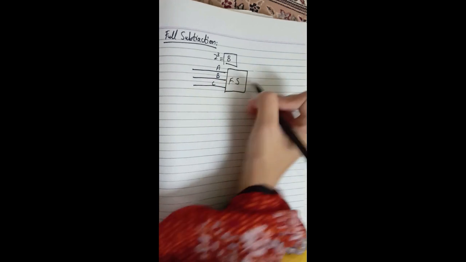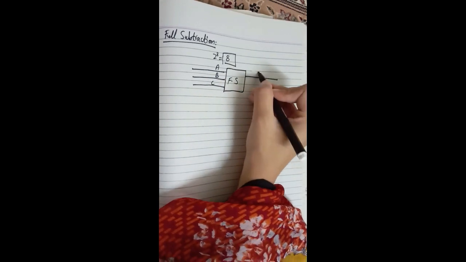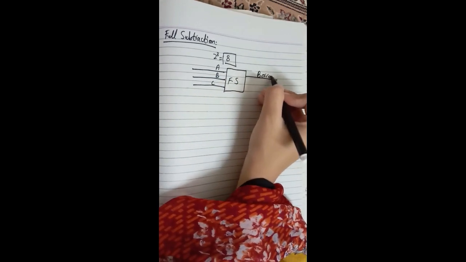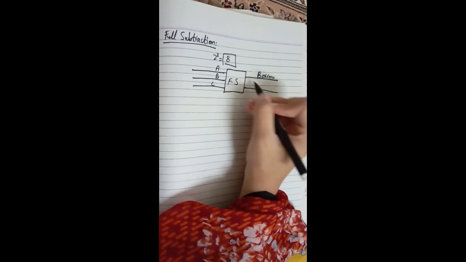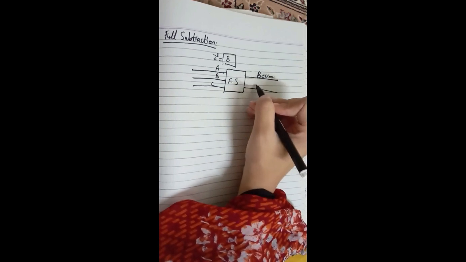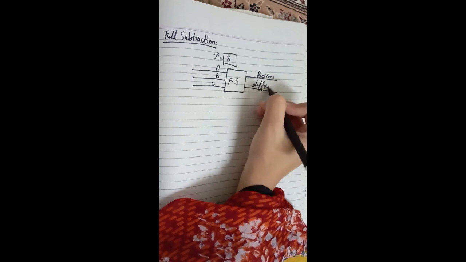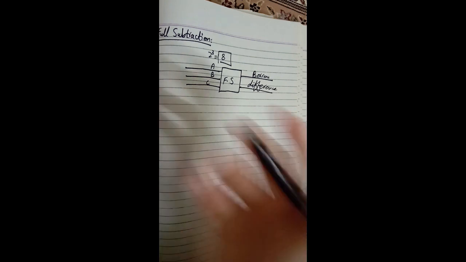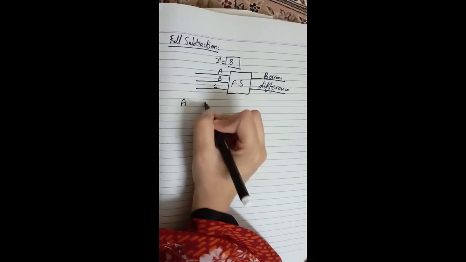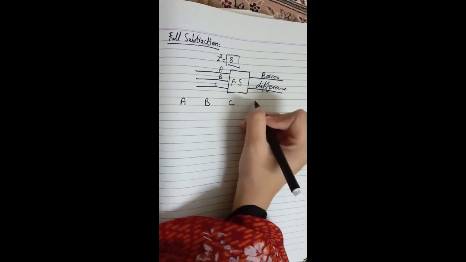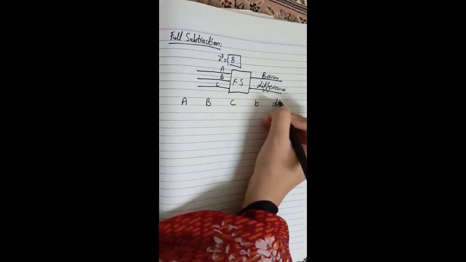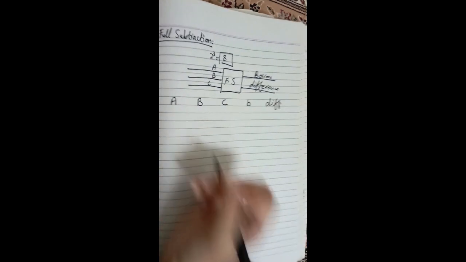The outputs we will have are borrow and difference, the same as for the half subtraction. Now we will make the table for it with A, B, C, borrow and difference.